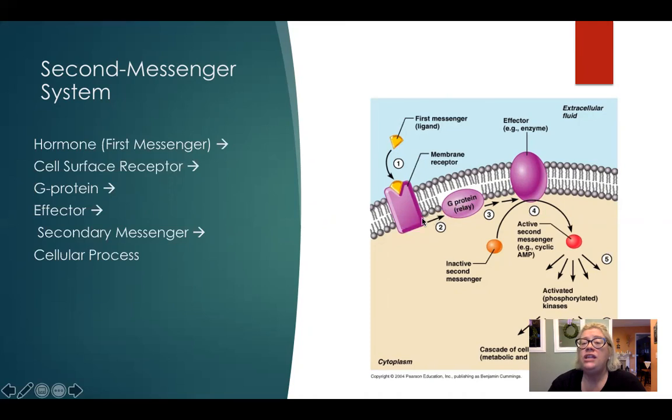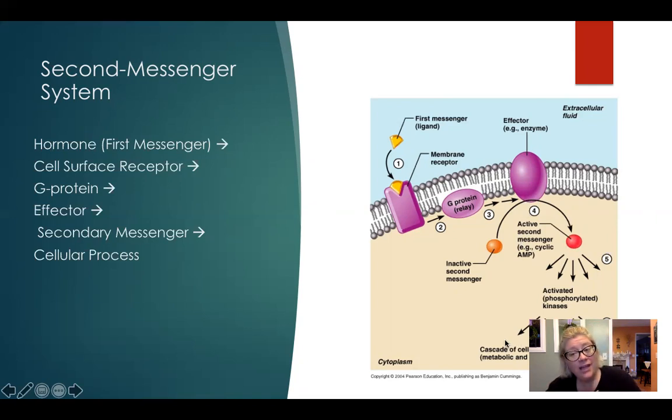The G protein then moves along the interior of the plasma membrane, comes in contact with the effector, which is going to be located suspended within the phospholipid bilayer, the plasma membrane. The effector is then going to become activated, and then the effector is going to activate the secondary messenger inside of the cell. Then the secondary messenger is going to bring about the change inside of the cell.